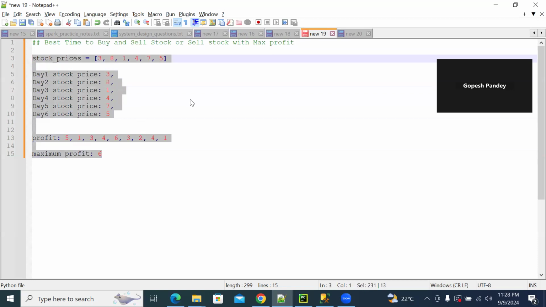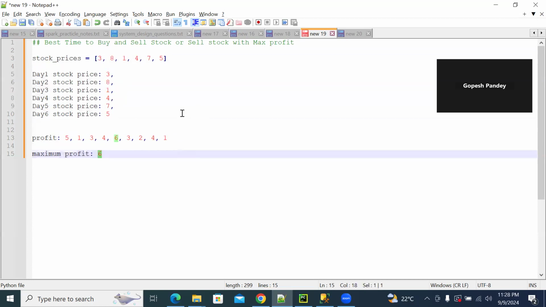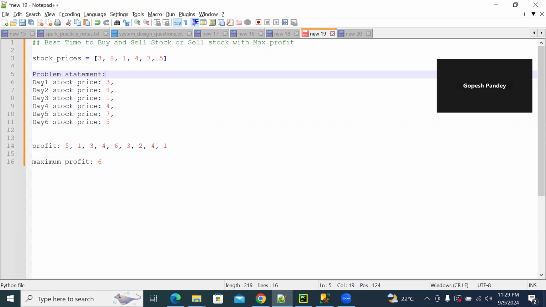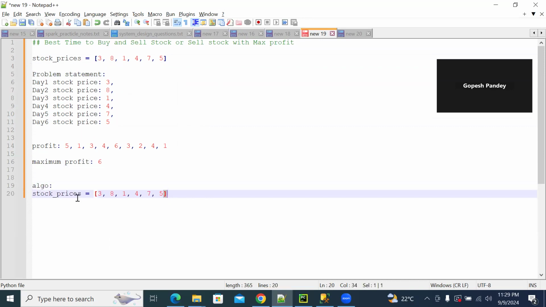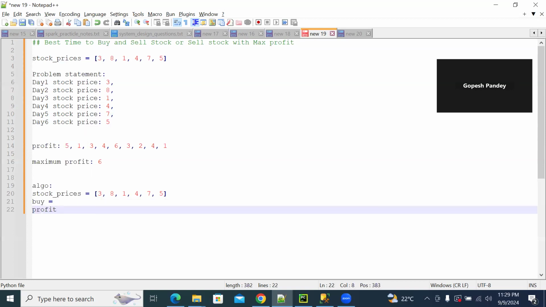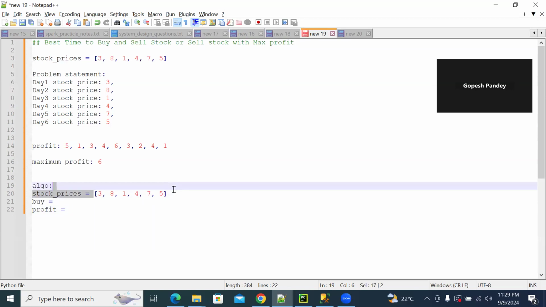So guys, now let's get into the algorithm or solutioning. So this is our list, and this is our problem statement. Now here I will write the algo. This is our stock prices. Very, very simple. What you need to do is just declare one variable called buy and one called profit.